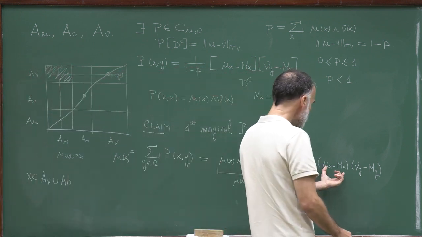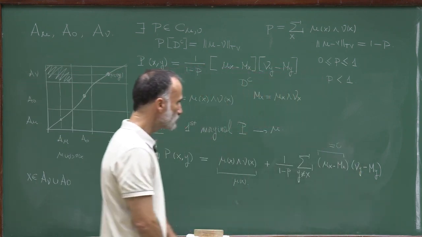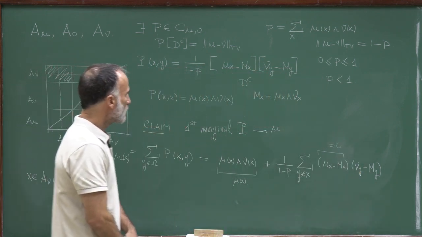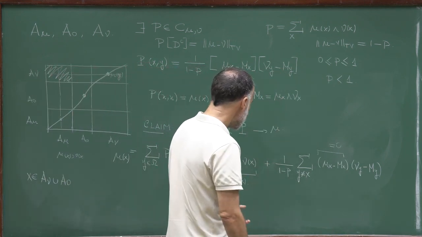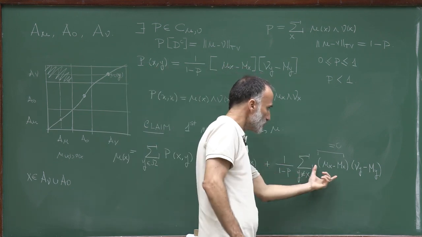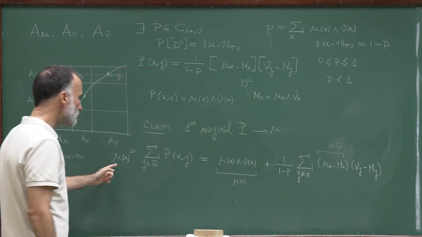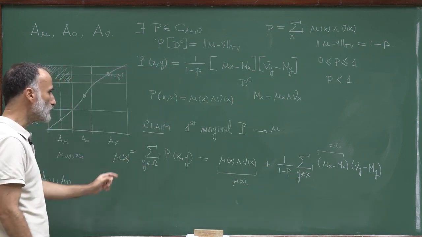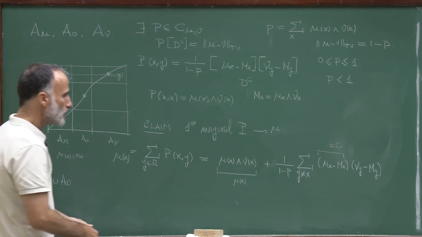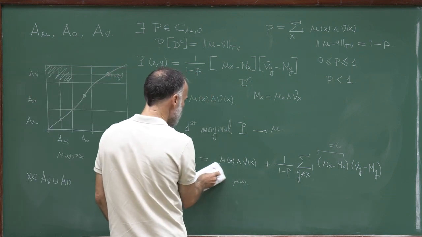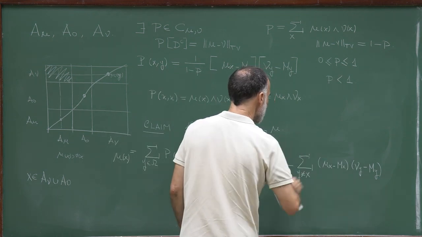And since mu(x) is equal to m(x), this quantity here is 0, because m(x) is the minimum, and the minimum is equal to mu(x). Which means that the sum is equal to 0, because all terms are multiplied by 0, and this is equal to mu(x). So that proves that indeed this sum is equal to mu(x), provided that x belongs to this set. So if x belongs to this set, this identity is easily obtained.